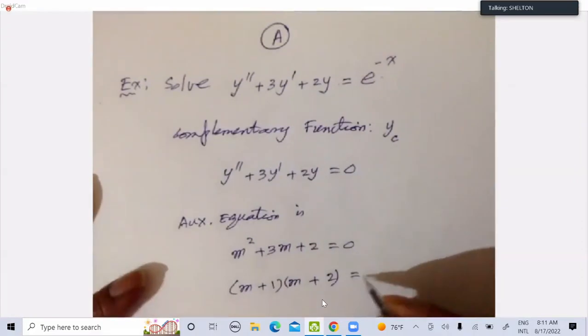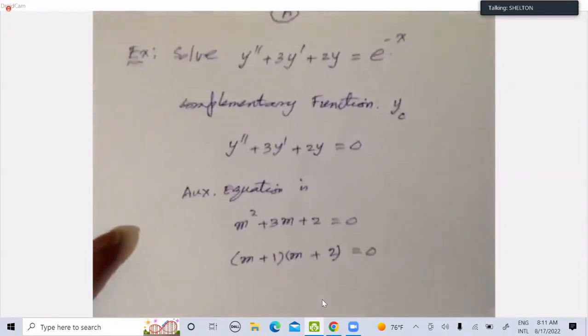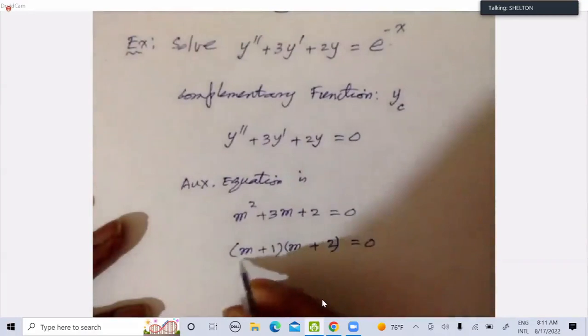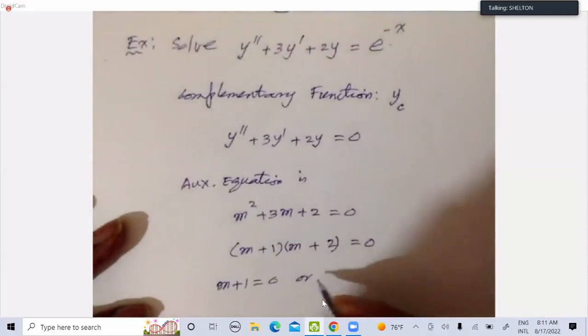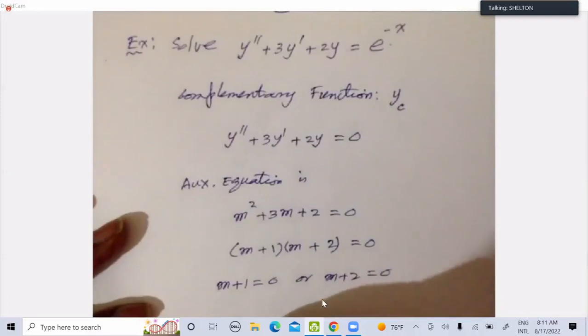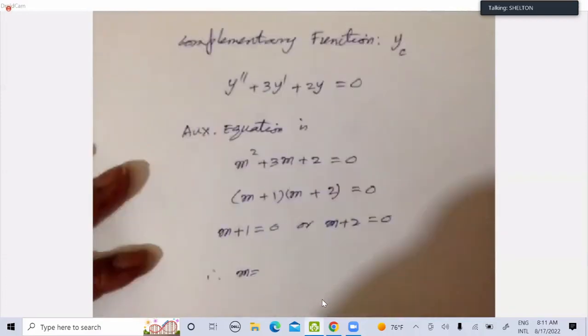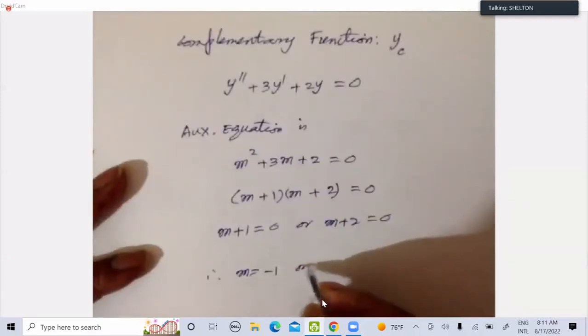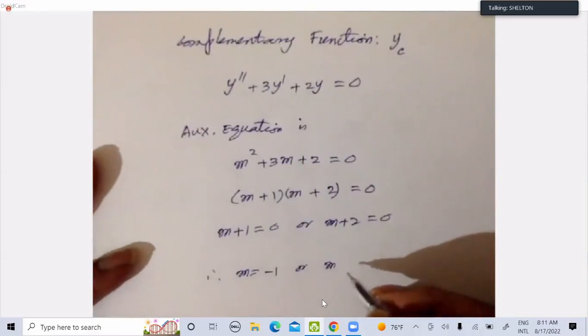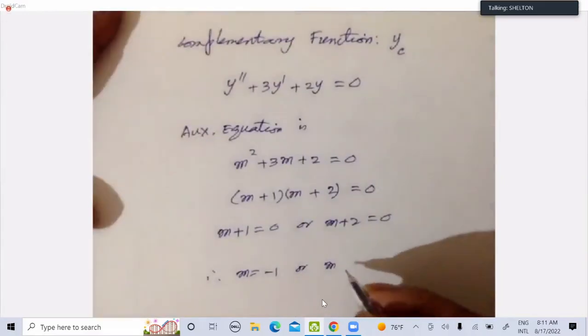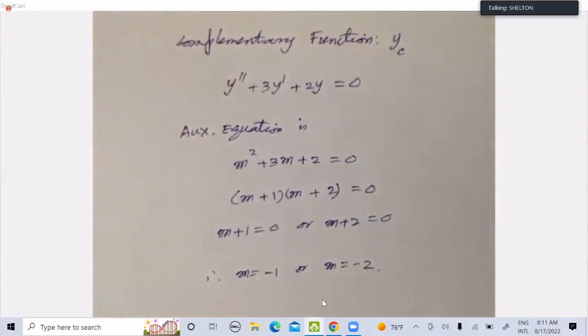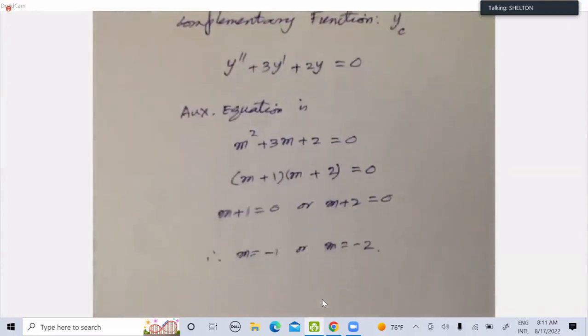Now we have m plus 1 equal to 0 or m plus 2 equal to 0. Therefore, m is equal to minus 1 or m is equal to minus 2.